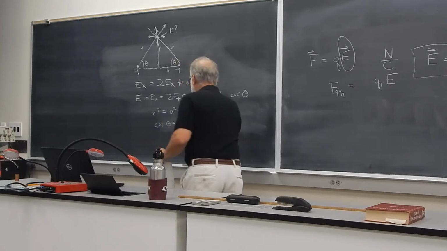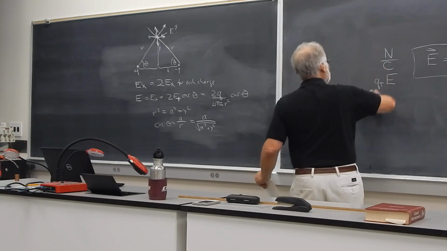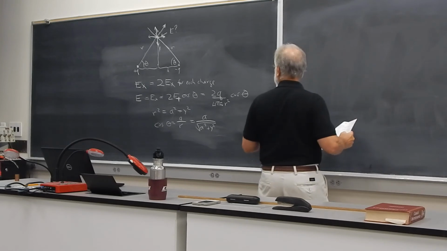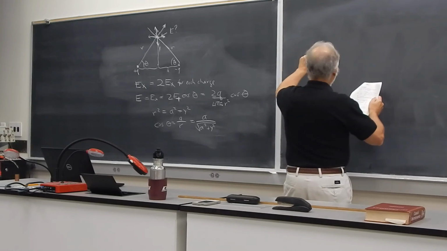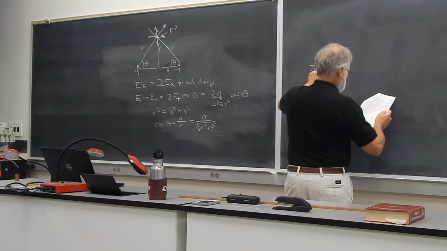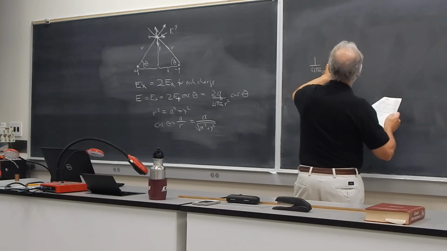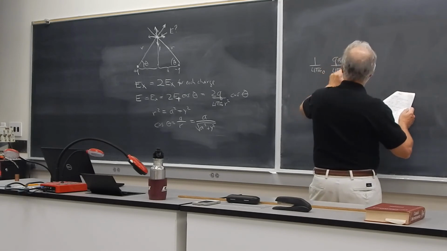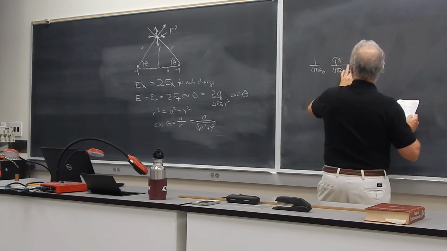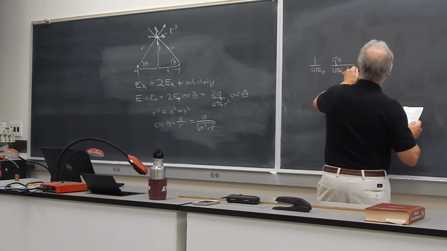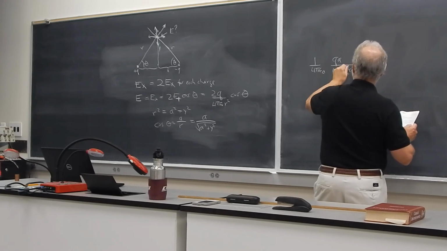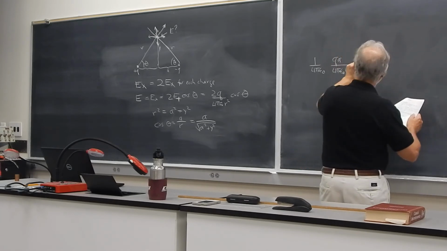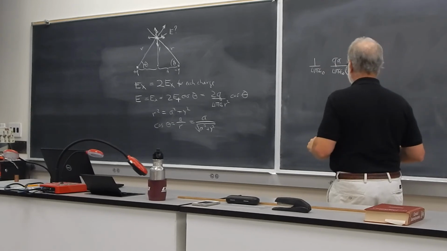Put that all together, and so the electric field due to one of those charges can be written as 1 over 4 pi epsilon naught Q times A divided by A squared plus Y squared to the 3 halves.